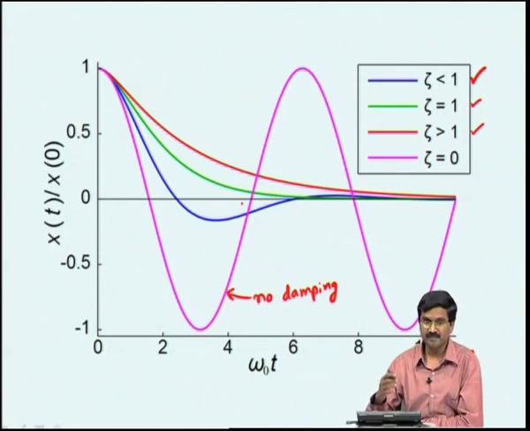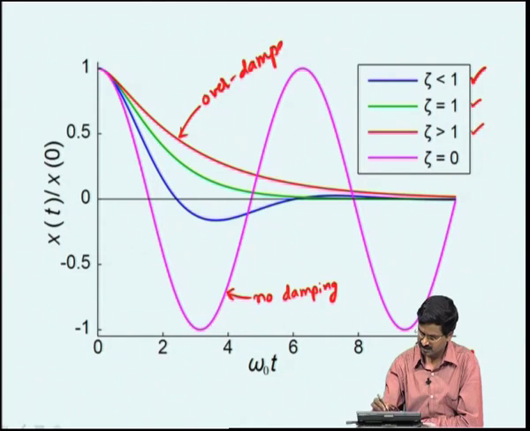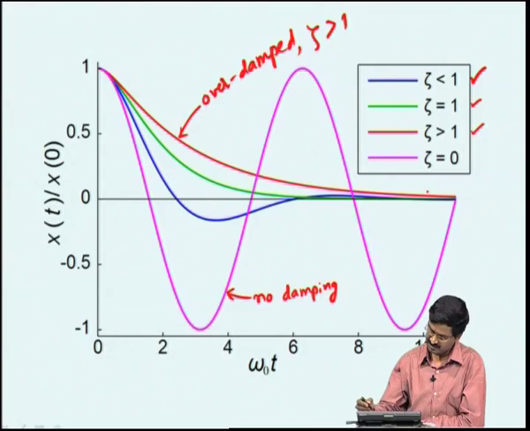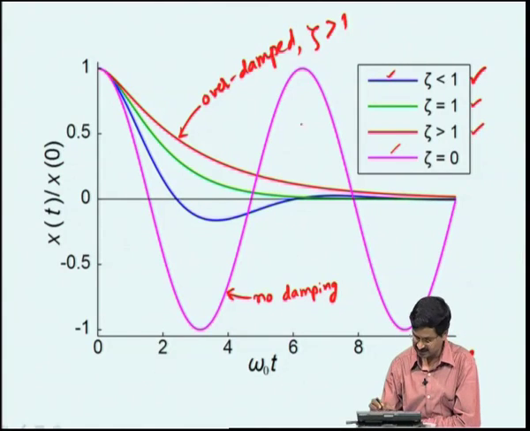So, the critically damped is the transition behavior, where you do not see the oscillations. This is overdamped, where your zeta is greater than 1, that just goes without any oscillation, whereas when it is less than 1, you see here for this blue curve and this magenta curve, there will be oscillations. Okay.